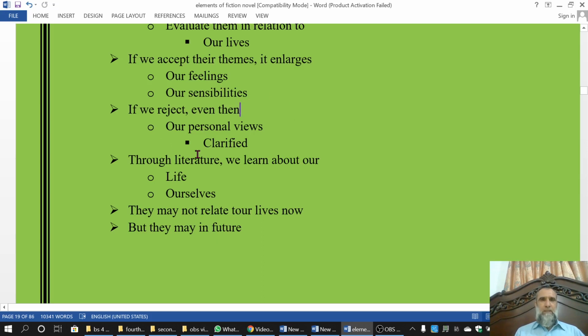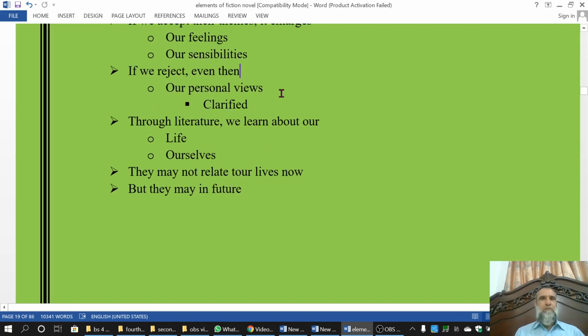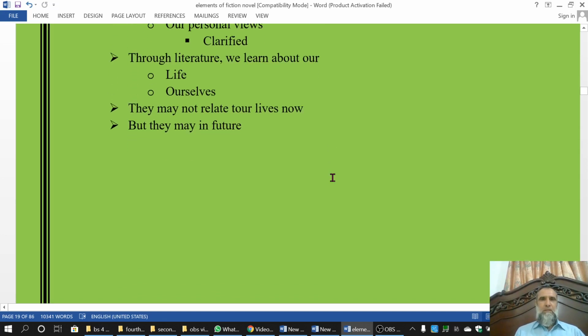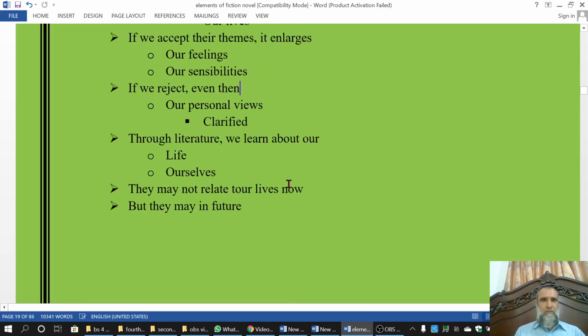Sometimes we may reject the theme. We may not agree with what the writer says. Even then, our personal views are clarified. So through literature we learn about our life, about ourselves. They may not be directly related to our lives, but they may relate to our lives in future. So that was all about it.